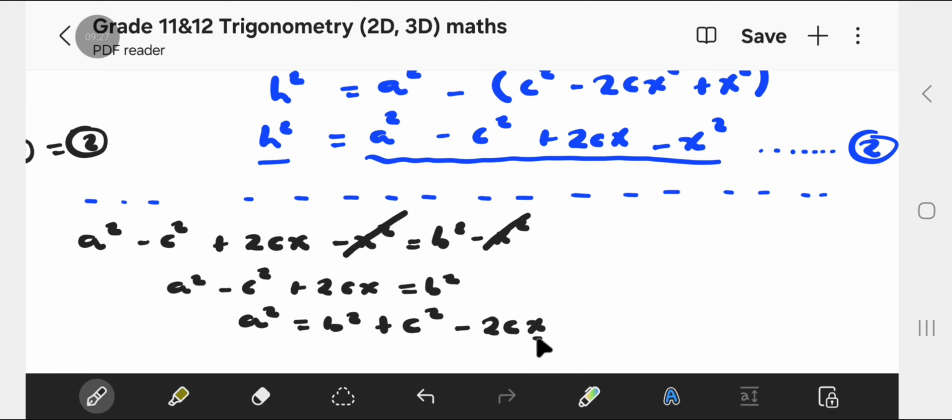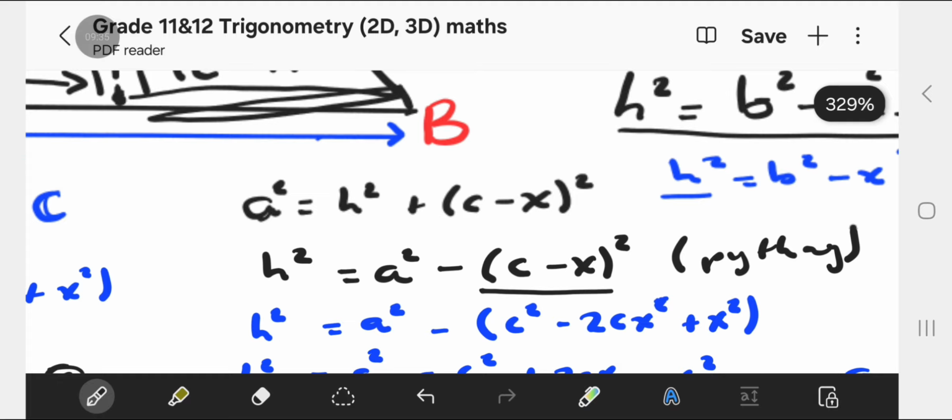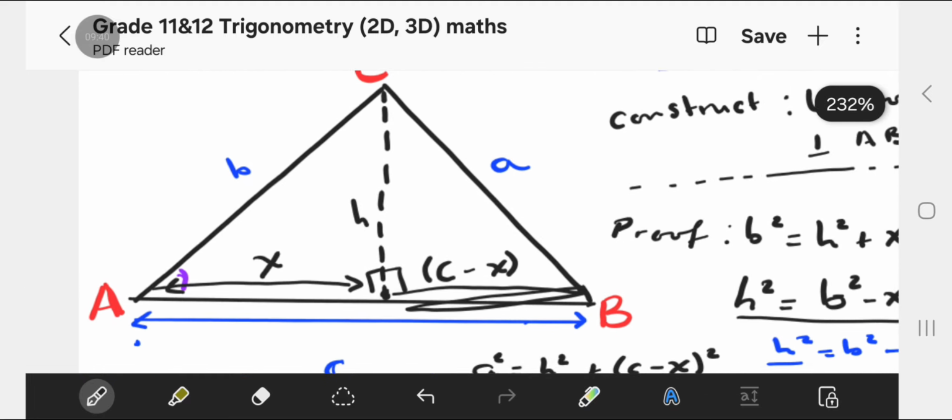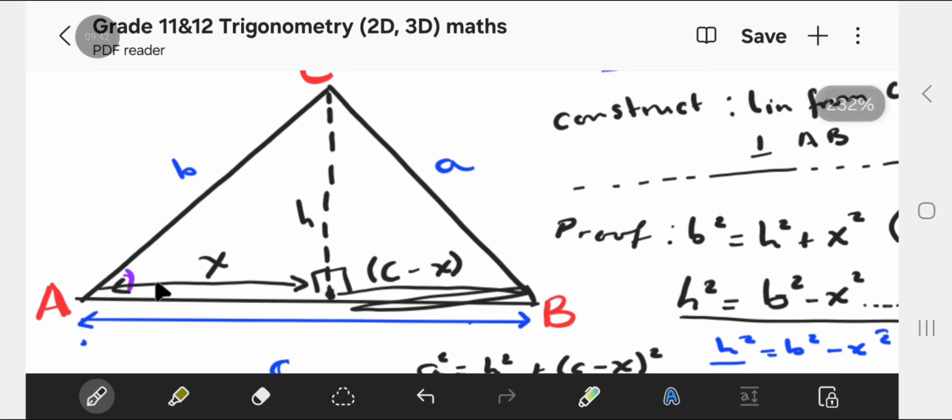But since x is the variable that we introduced, let's try to find the value of x using whatever that we're having. So in this triangle we can see that we are having this value as our value of x, right?